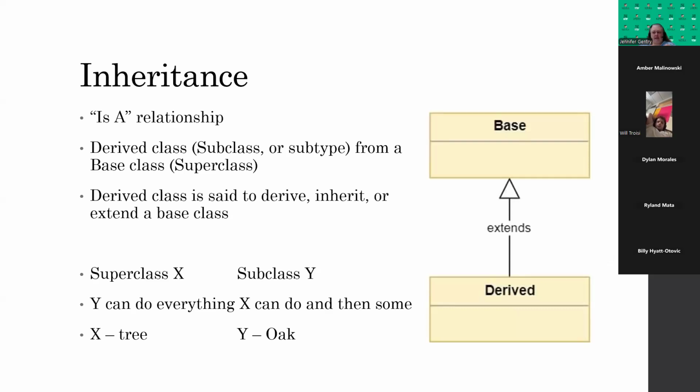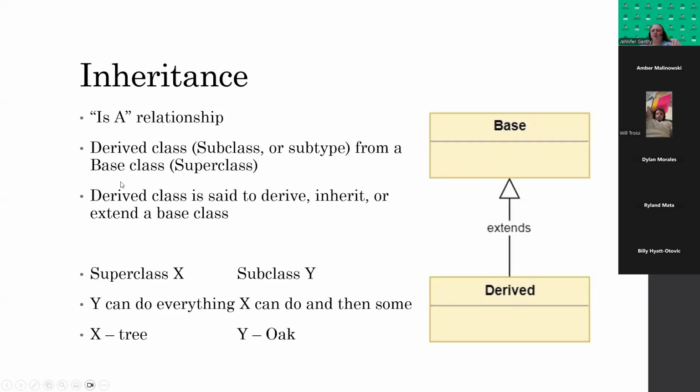Looking at inheritance, you've got a subclass and a superclass. And what we can say is inheritance gives an is-a relationship. So is something a something else? Is a car a vehicle? Is a boat a vehicle? That type of relationship. Okay. The derived class or the subclass, or sometimes called subtype, is derived from the base class or the superclass.